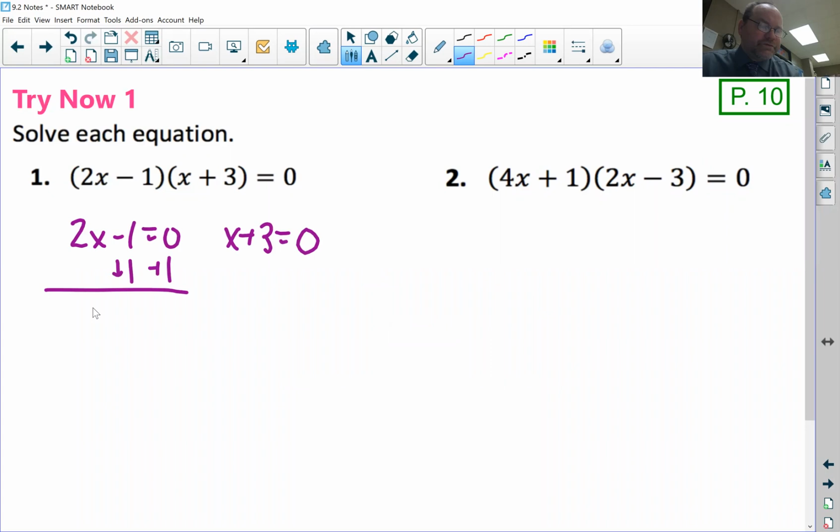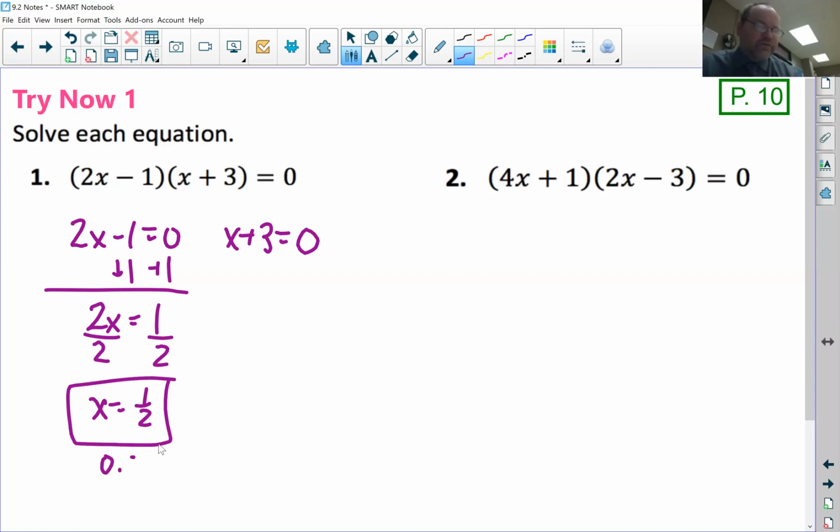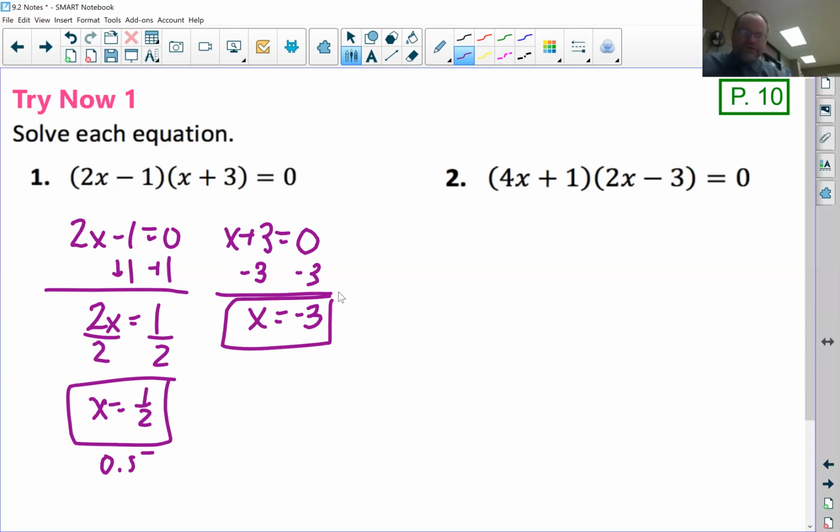For the first factor, add 1 to both sides, divide by 2. Again, you could put 0.5 there as well. For the second factor, subtract 3 from both sides, and we get that solution.